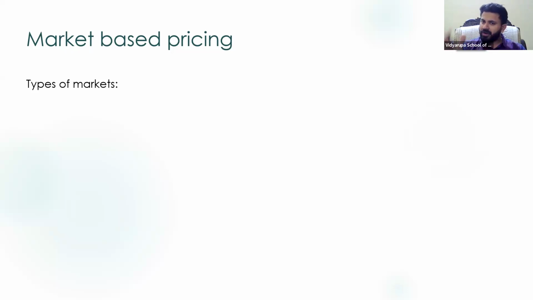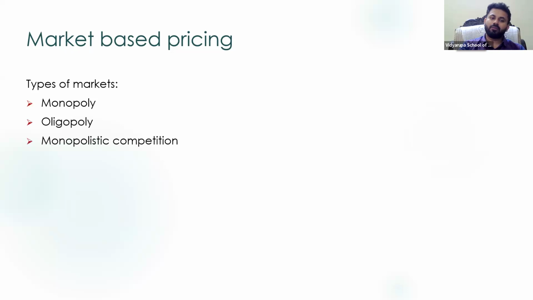There are so many different types of market out there, but we will primarily focus on four types of market. What are they? Monopoly, oligopoly, monopolistic competition, and perfect or pure competition market. That's what we'll focus on. I am hoping that most of you may already have learned about it.